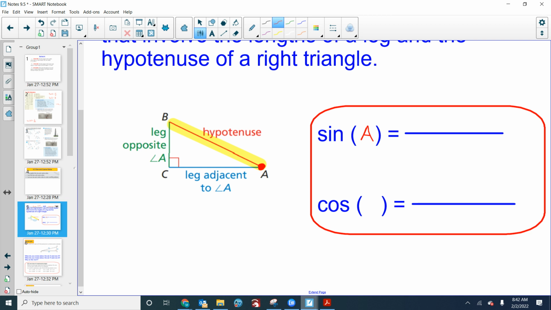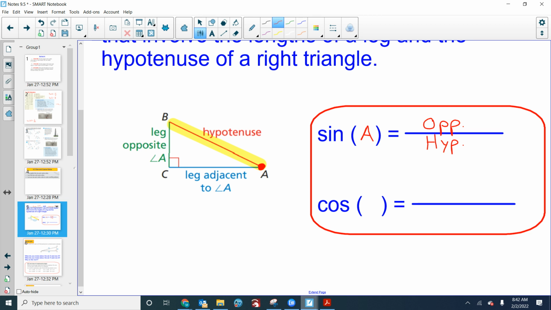It's always of one of these two acute angles for this class. So the sine of A is the opposite side divided by the hypotenuse. Sine of angle A is the opposite side over the hypotenuse. That's for any right triangle.